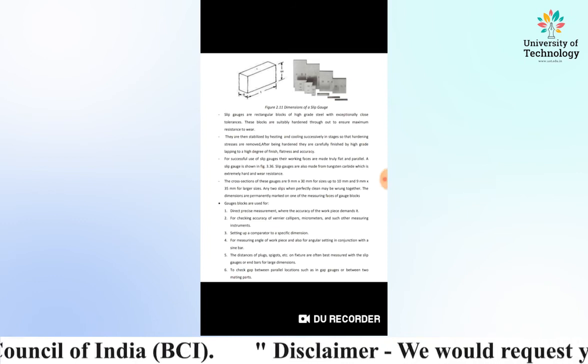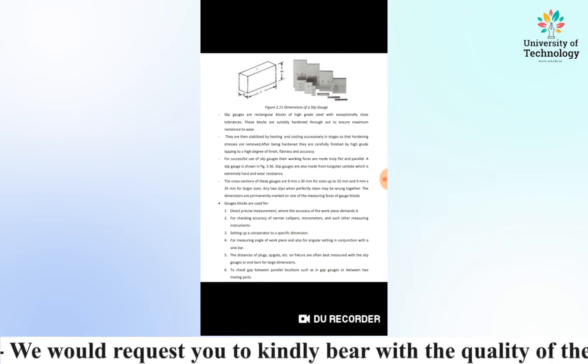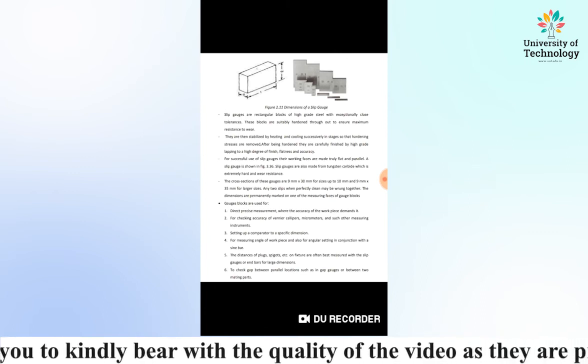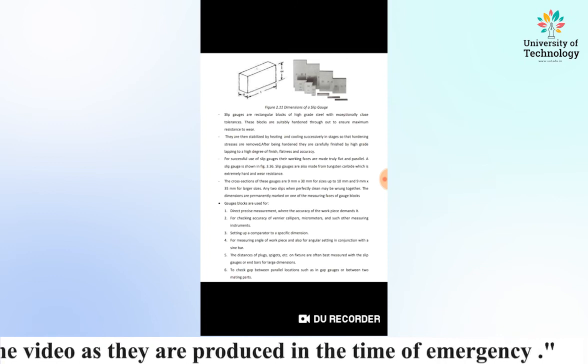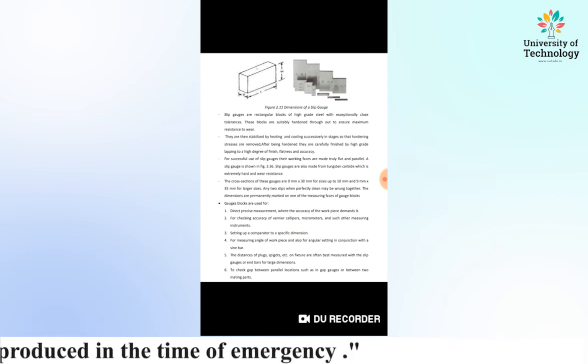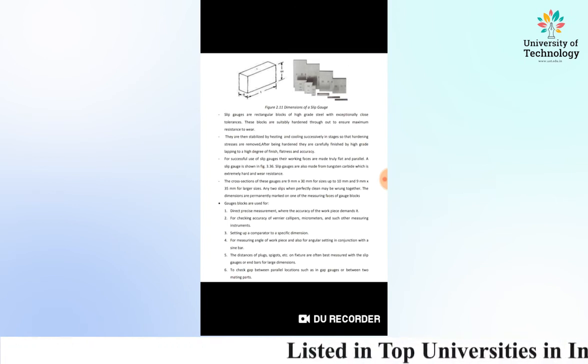If we use this type of slip gauges, then we remove the error or air between the two gauges. That is the actual measurement of this.